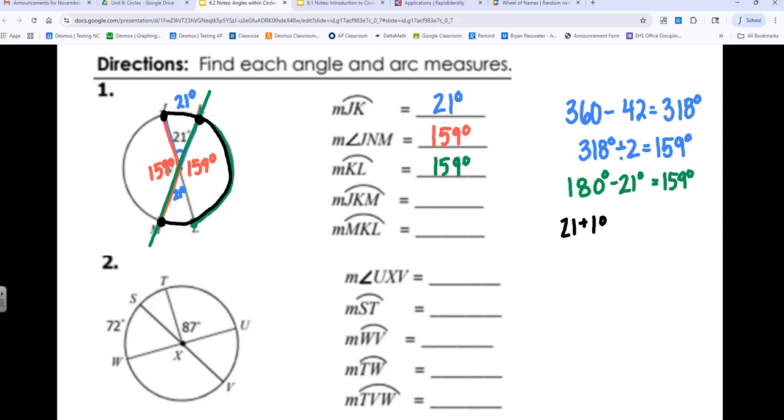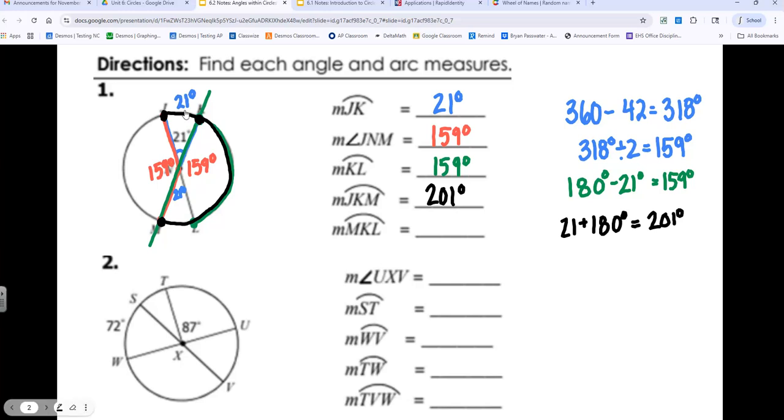That'll work. I like that. 21 plus 180, because you're shortcutting this a little bit. You could do 21 plus 159 plus 21, but we know 159 plus 21 is 180 because it's half the circle, right? So 21 plus 180 is going to give us 201. Does that make sense? You could also do 21 plus 159 plus 21, which gives you the same amount.